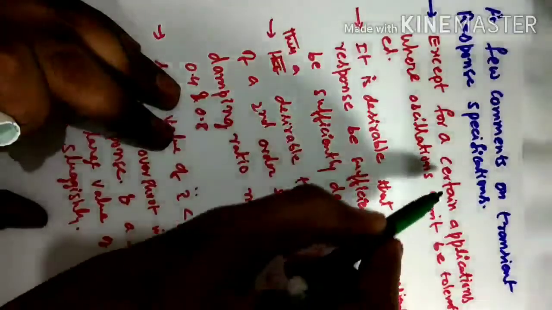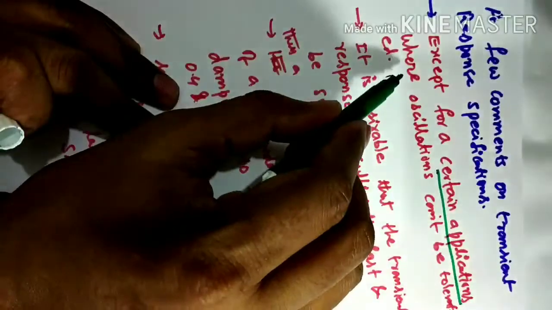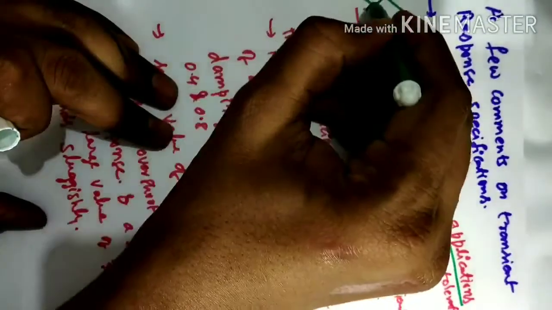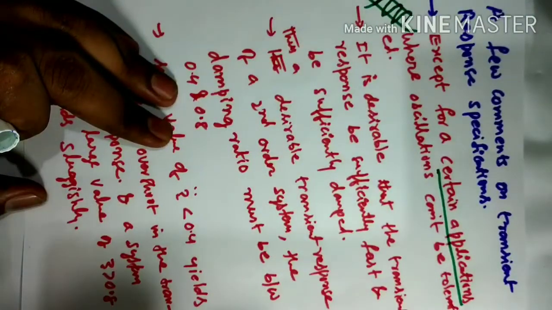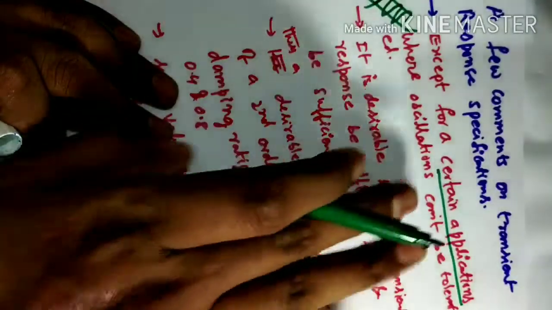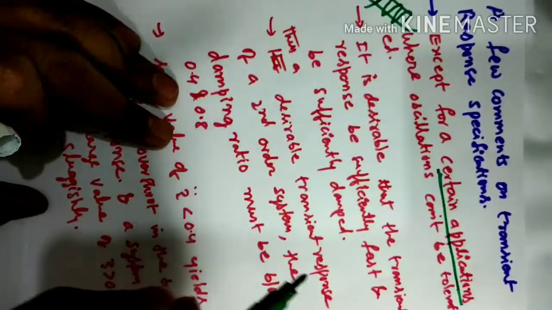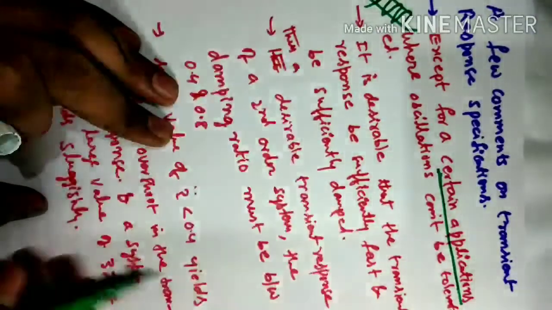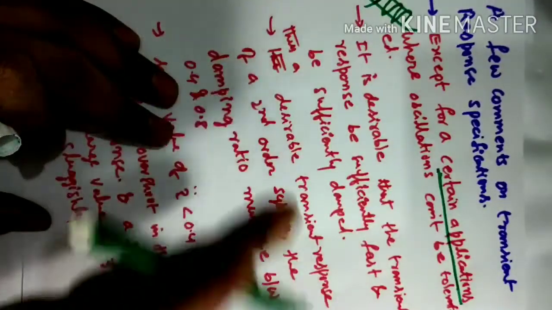This kind of response, with oscillations, cannot be accepted, cannot be tolerated, as it will cause a problem. But it should be accepted in certain applications. I told you last time, for example, a residential room heating system, where we are using temperature control systems, and there the output of the control system is oscillations.